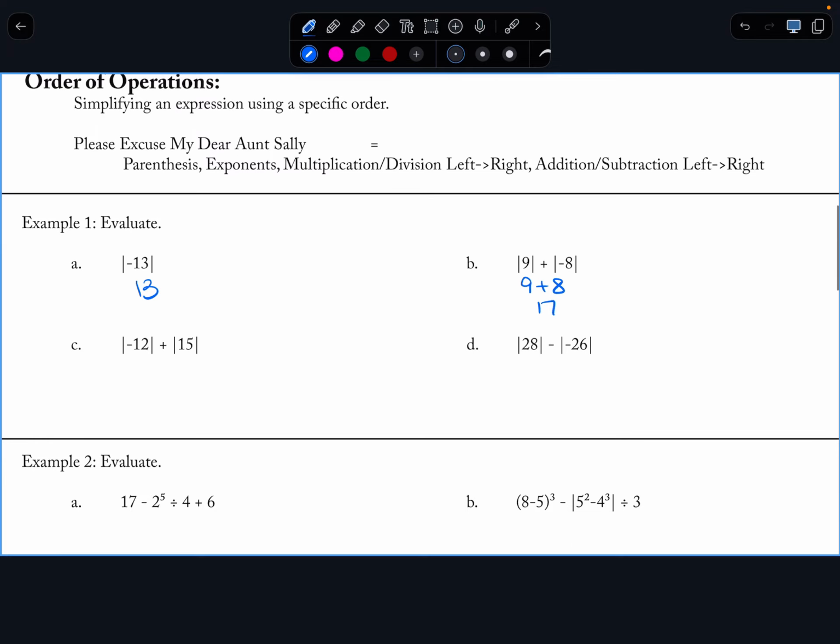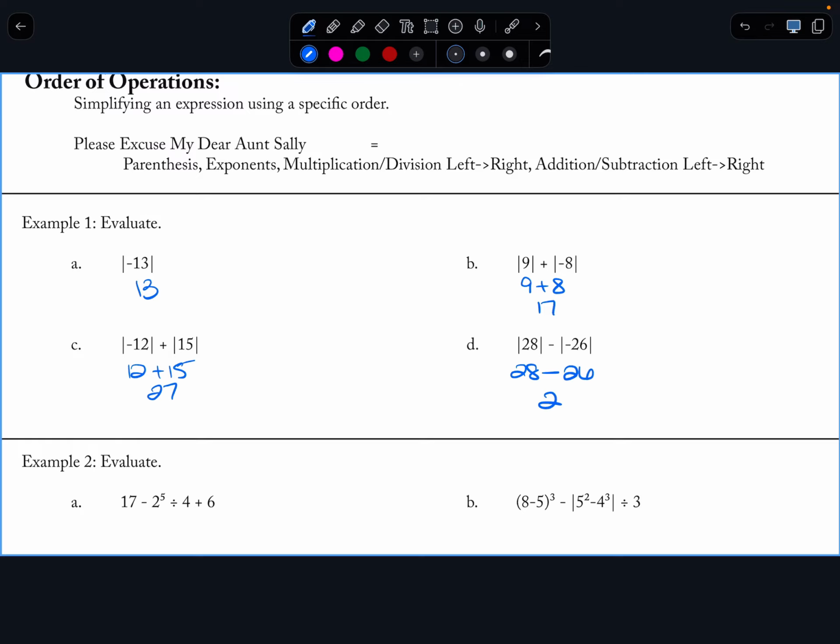Okay, absolute value of negative 12 is 12. Absolute value of 15 is 15. Add them together and you will get 27. Absolute value of 28 is 28. There's a subtraction sign in between, so the subtraction sign stays there, but the absolute value of negative 26 is a positive 26.